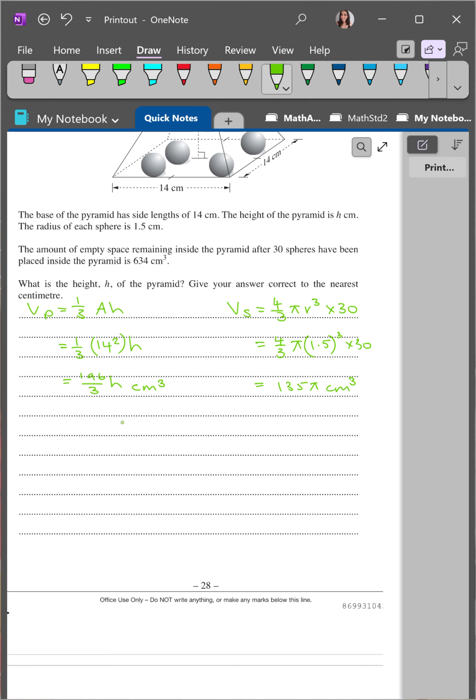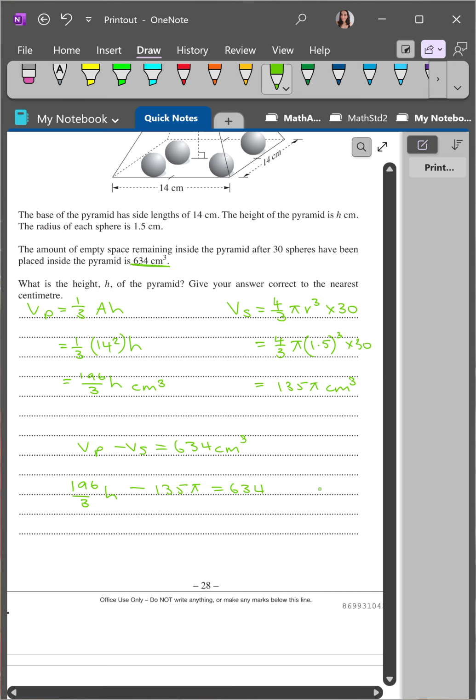Now, if we want to find how much space is remaining, it said it has 634 centimeters cubed left. So we're going to take the volume of the pyramid minus the volume of the spheres, and that should equal 634 centimeters cubed. So the volume of the pyramid was 196 over 3 times h, minus 135 pi, equals 634.